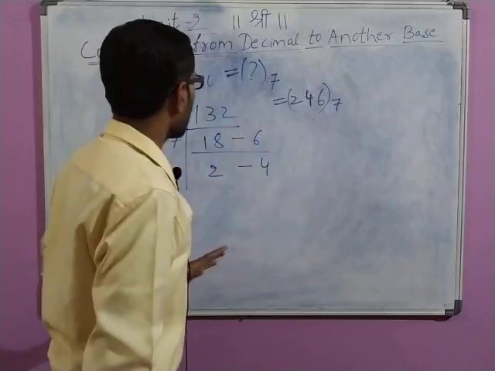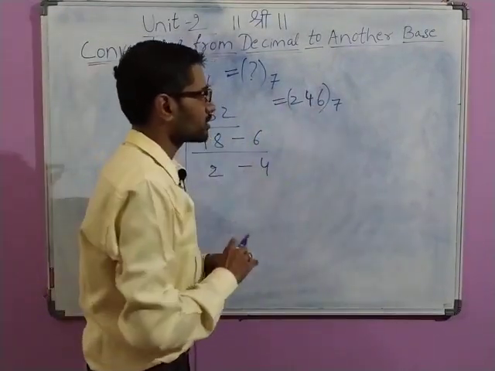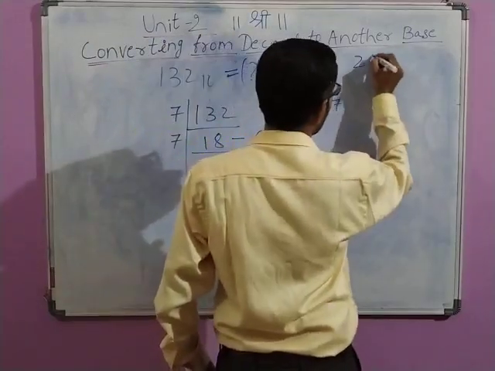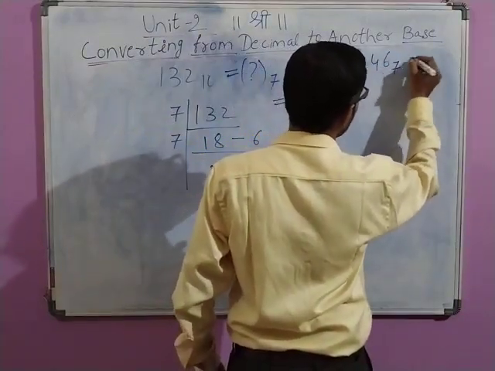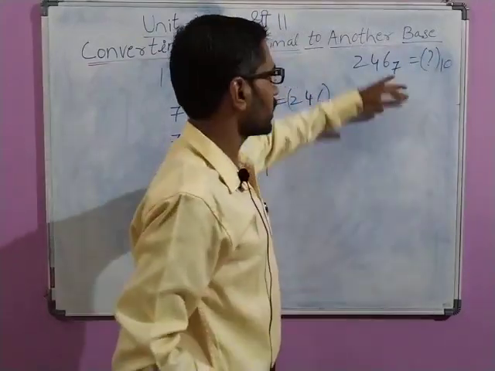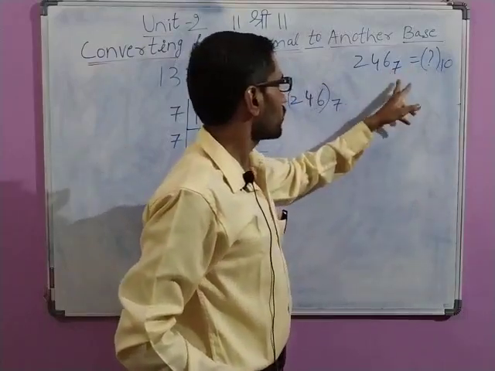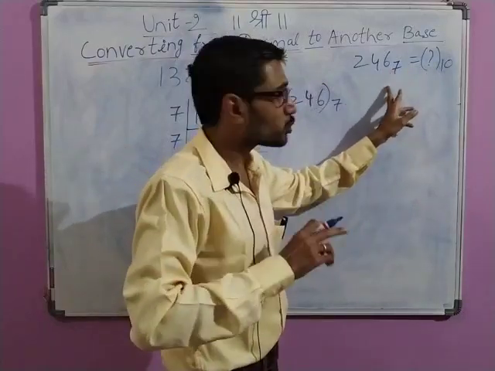Now if I want to check, suppose the question is to convert 246 to the base 7 to the base 10. Whatever we have done in the previous classes, that procedure we need to follow when converting from another base to decimal.